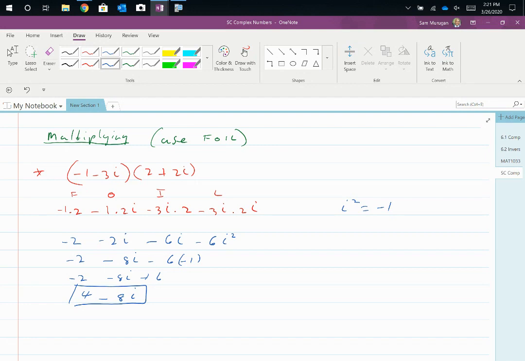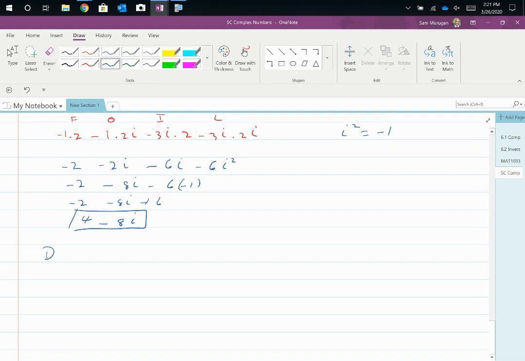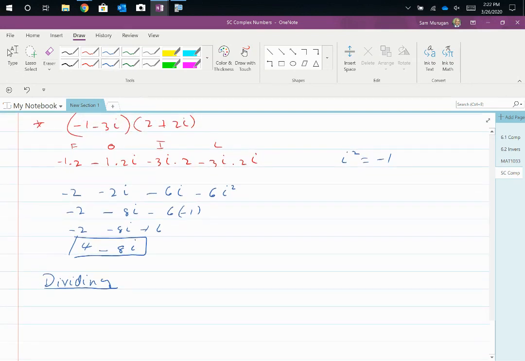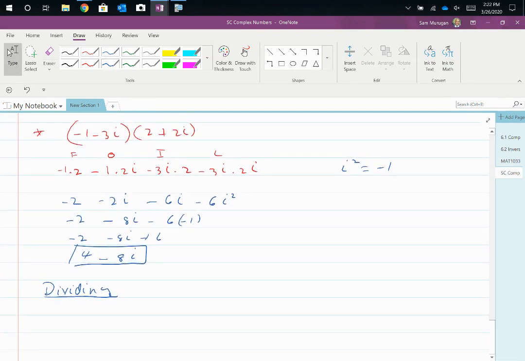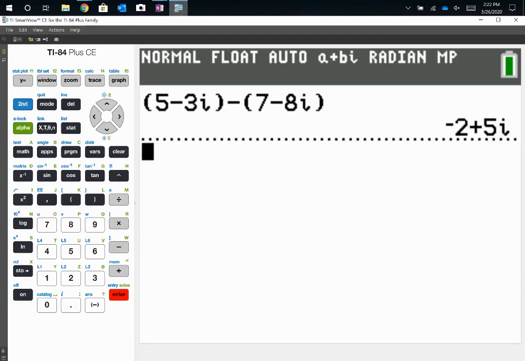To divide, we have to pick our battles really carefully. Oh yeah, and you're probably asking if you can do this problem with your calculator. Yes, you can, or you can check it with your calculator. You should know how to do it.